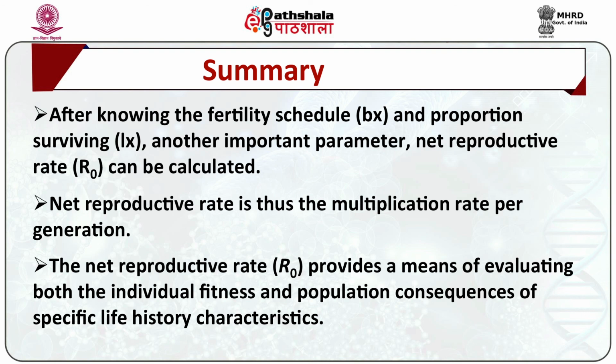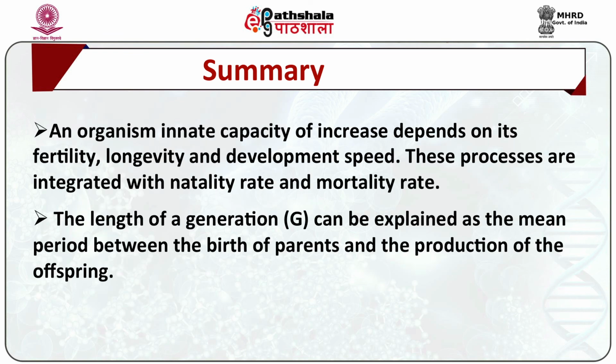The net reproductive rate provides a means of evaluating both the individual fitness and population consequences of specific life history characteristics. An organism's innate capacity of increase depends on its fertility, longevity and development speed.